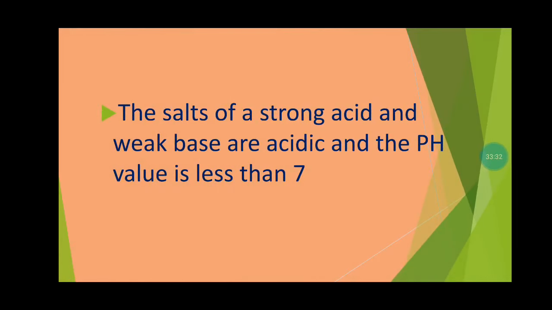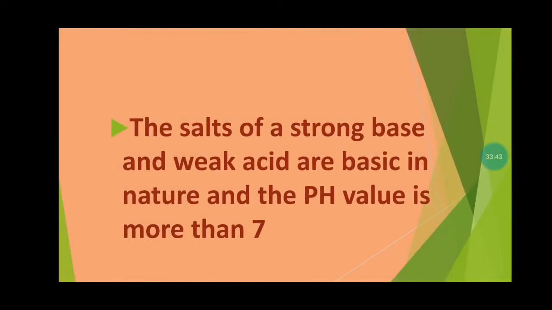Next, the salts of a strong acid and weak base are acidic and the pH value is less than 7. Next, the salts of a strong base and a weak acid are basic in nature and the pH value is more than 7.